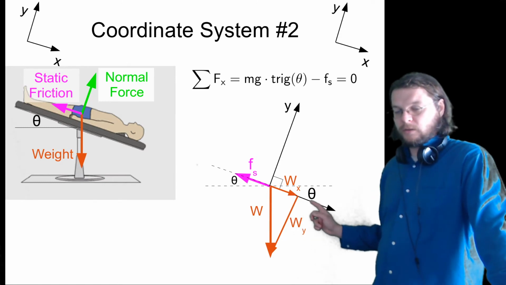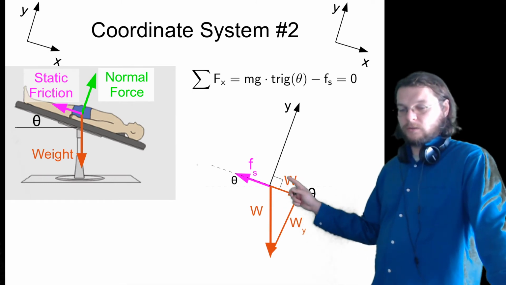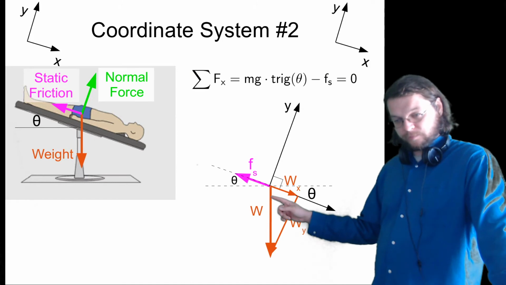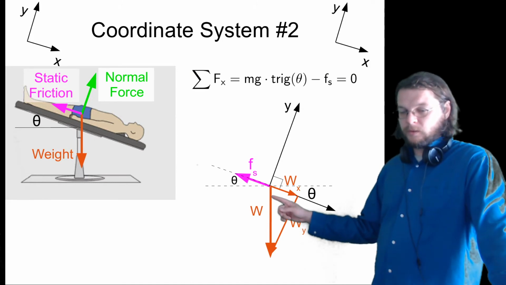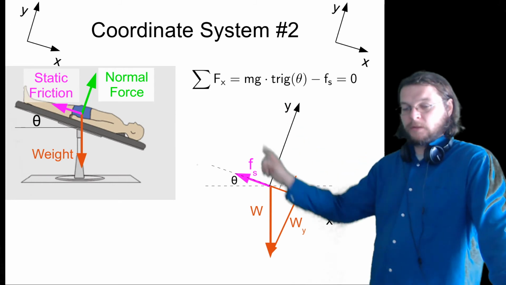So if this is theta, that means this is 90 minus theta. And to get the x direction, that's Wx over W, so that would be cosine of 90 minus theta. And that would be correct, so you could say cosine 90 minus theta here.